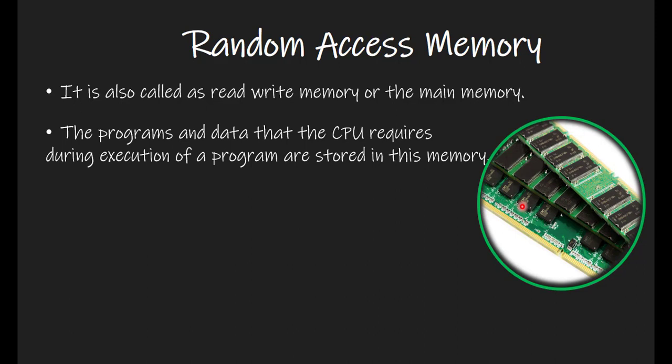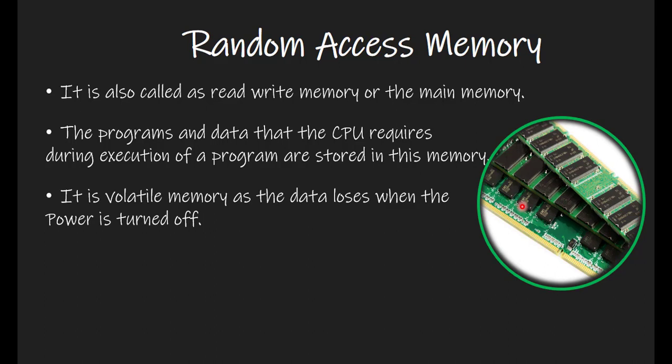Whenever the processor is executing some program, that program is stored in the main memory or RAM. So we can say that the program and data that the CPU requires during execution are stored in the RAM.